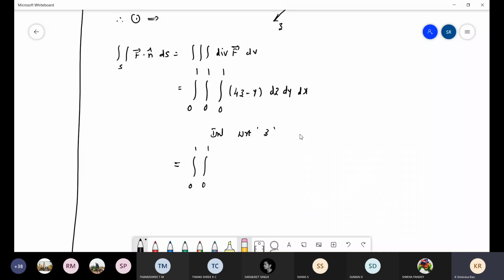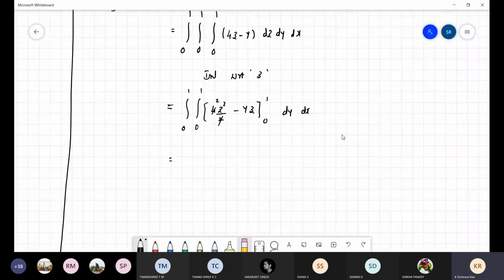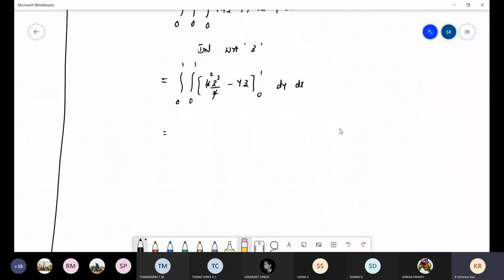What is the integration with respect to z? 4 z square by 2 minus yz, and for this I substitute the limit 0 to 1, dy dx. Here 2 and 4 cancel, leaving 2 z square, and I put z equals 1, only the upper limit, since the lower limit is 0.